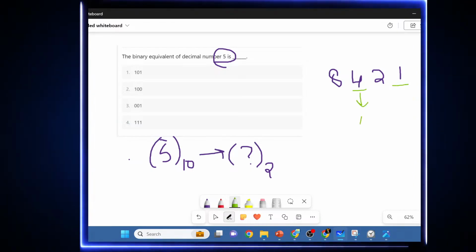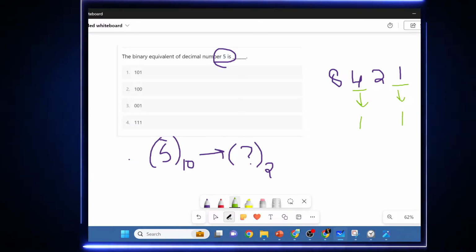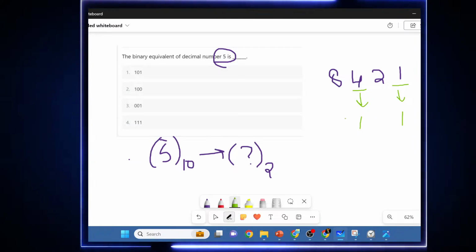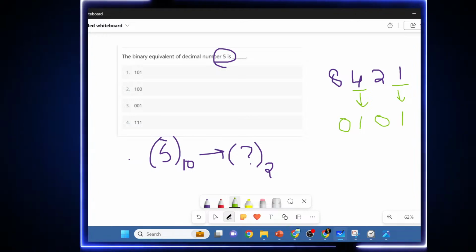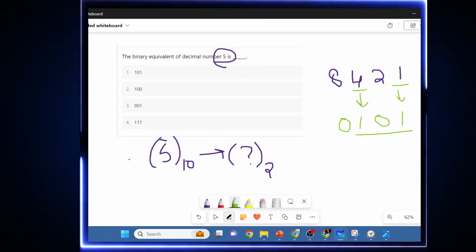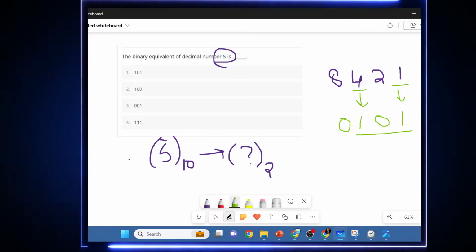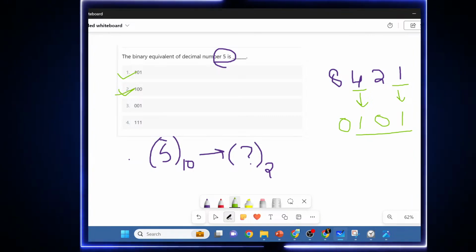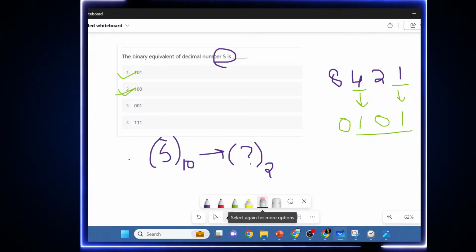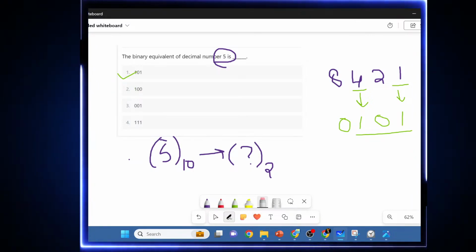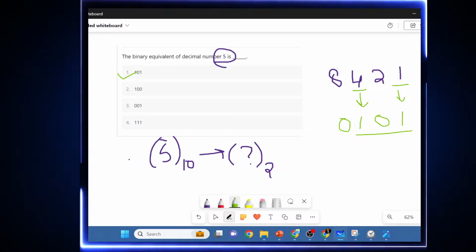The 4 would be represented as 1 and 1 would be represented as 1 and the remaining would be 0. So the binary equivalent of 5 is 0, 1, 0, 1. The question over here is asking for only three bits. So here you can see our answer is option A, 1, 0, 1.